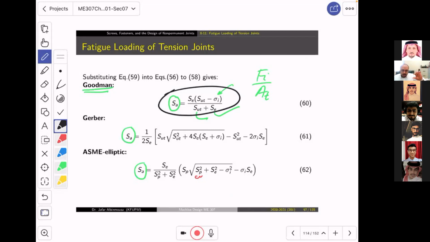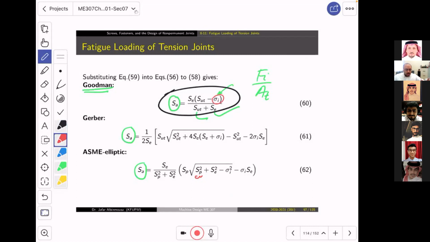The only parameter which is coming as a load here is the initial preload. And I think the reason behind this is because preload is going to push the load level on the bolt, and it will reduce the gap for you on how much more you can fluctuate.